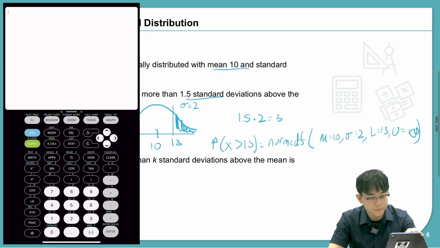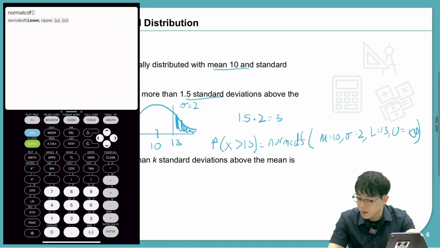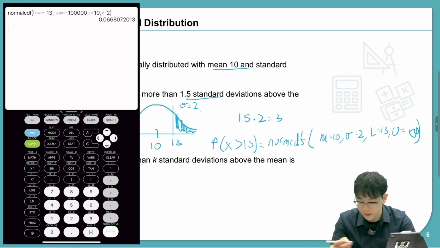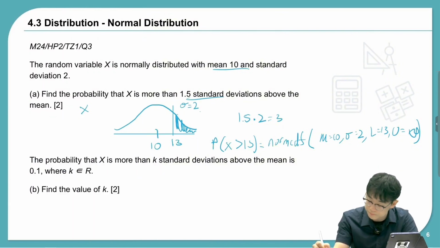The lower value is 13. The upper value, we can enter a very large number, then 10 and 2. And this should calculate the shaded area, which turns out to be 0.0668. Okay. So the probability becomes 0.0668.